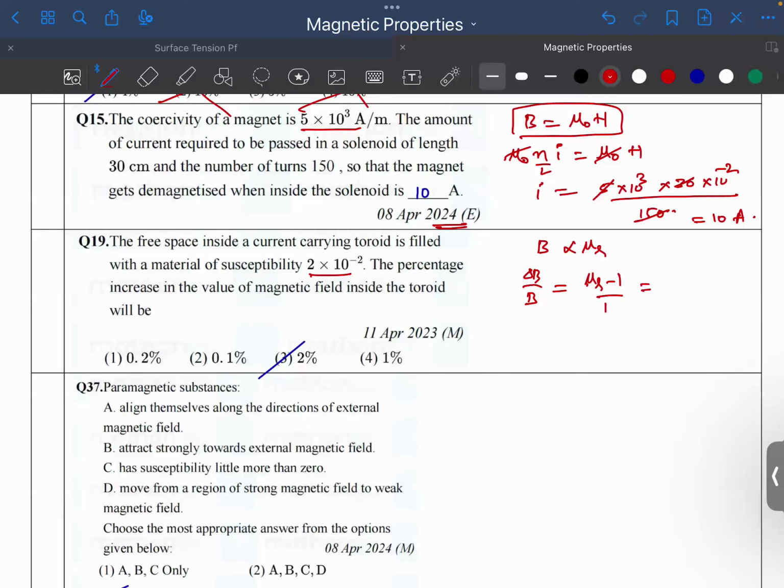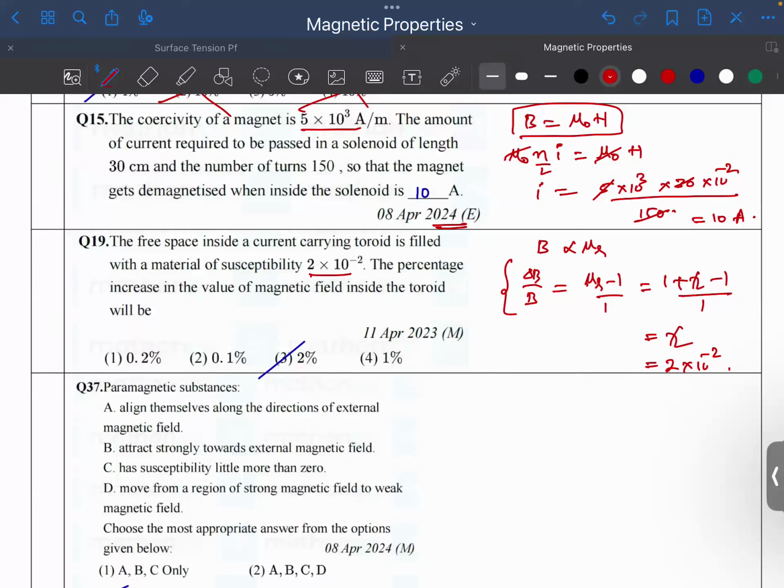Here, mu R is 1 plus susceptibility. 1 plus susceptibility minus 1 by 1. Susceptibility is 2 into 10 power minus 2. Remember fraction. Percentages into 100. 2%. Any doubts? Toroid అయితే ఏంటి, solenoid అయితే ఏంటి? ఫైనల్ గా న్యూమరేటర్ లో mu term ఉంటుంది. mu అంటే mu or mu naught అప్పుడు. Any doubts?